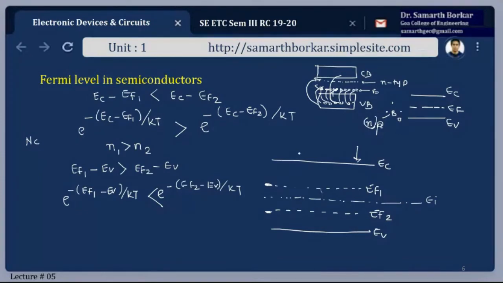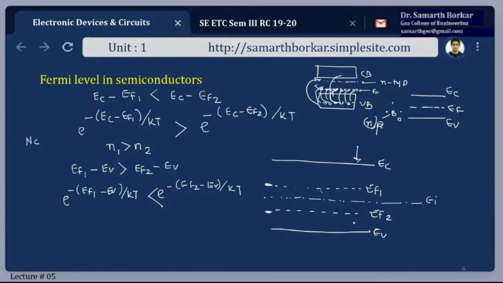Now, as we increase the Fermi level from EF1 to EF2, again let me repeat, the Fermi level is just a single level. For our understanding, we are taking two cases. At first, the Fermi level is close to EC. In the second case, the Fermi level has shifted to this new position. As we increase the Fermi level from EF1 to EF2, the electron concentration is decreasing.